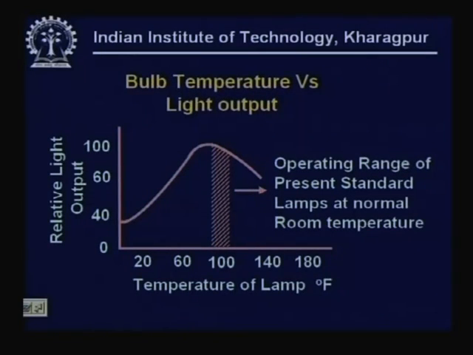Now, you look at this, it is around 100 degrees Fahrenheit, which would come to around 35 to 36 degrees centigrade. So, in terms of the gradient with the normal temperature, it is also not very high. If you have a very large gradient, there is a large amount of heat radiation, and that would necessarily increase your air conditioning load.